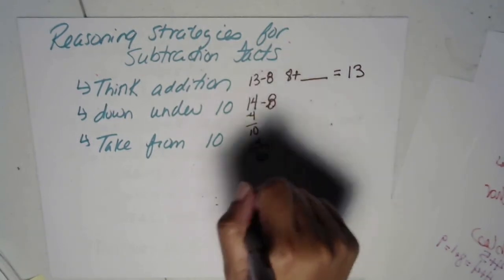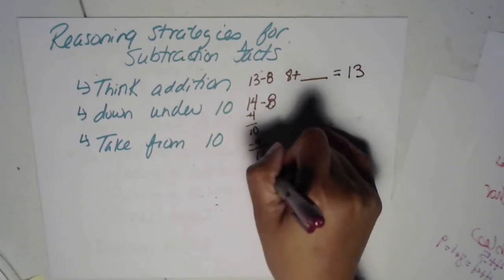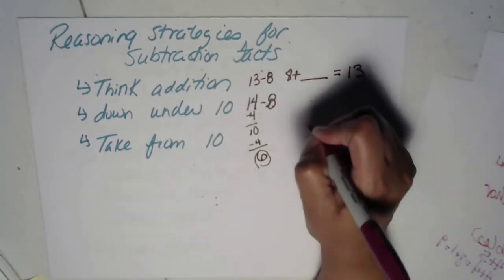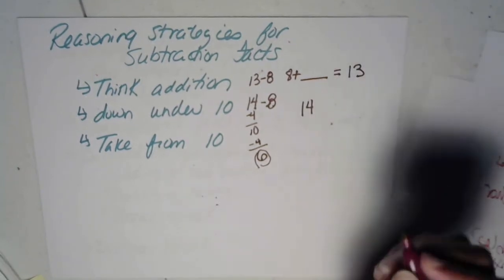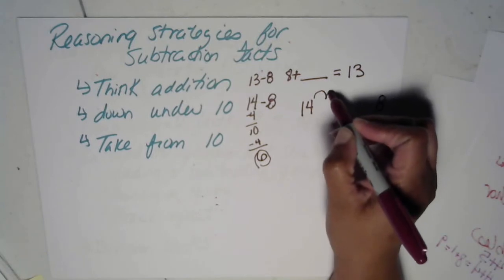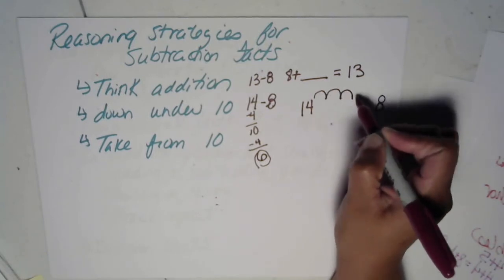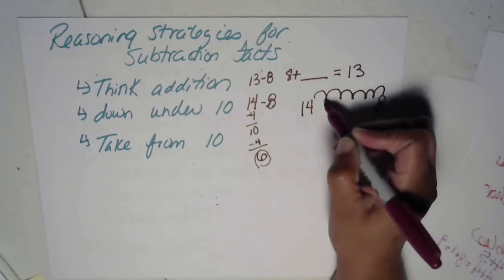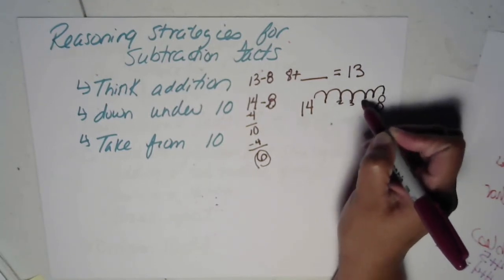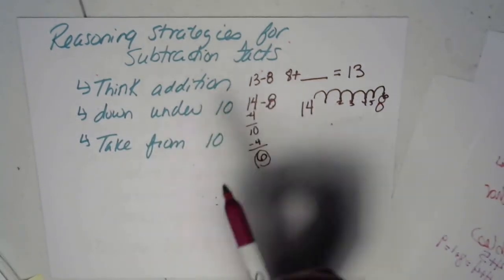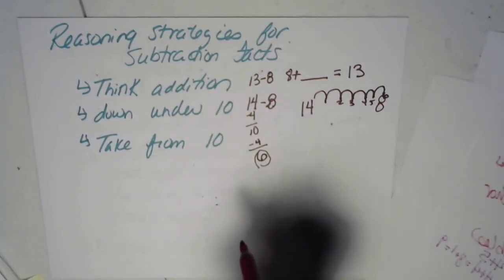Jump down under 10. The answer is 6. Or you can say, how far from 14 is 8? 13, 12, 11, 10, 9, 8. 1, 2, 3, 4, 5, 6. These are the down under 10 strategies.